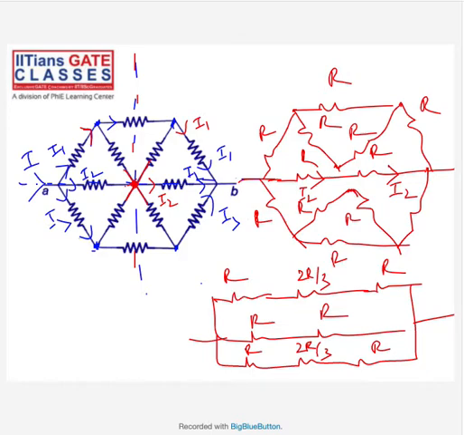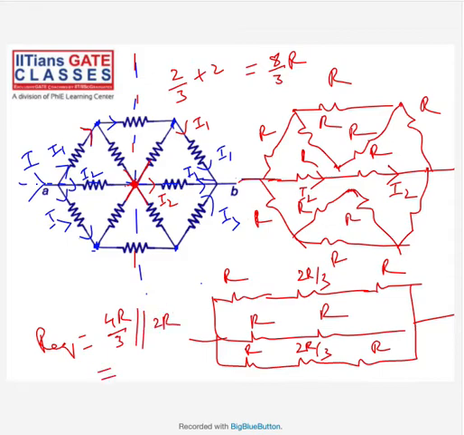So if you do it, what will be the R equivalent? What is the value here? Solve it. You'll get 2R. 2R by 3 plus 2R is 8 by 3 R, right? 8 by 3 R in parallel with 8 by 3 R is 4 by 3 R, 4R by 3, parallel with 2R.